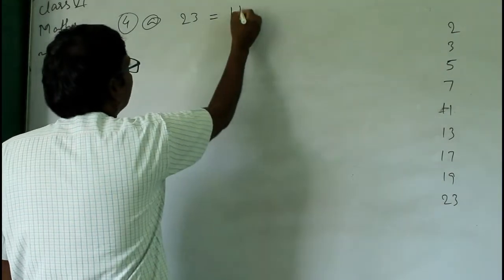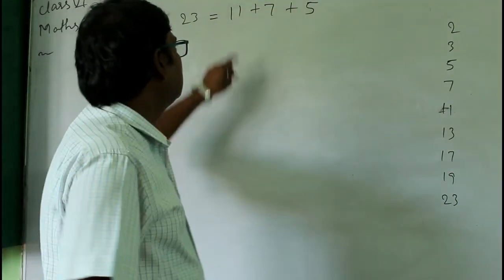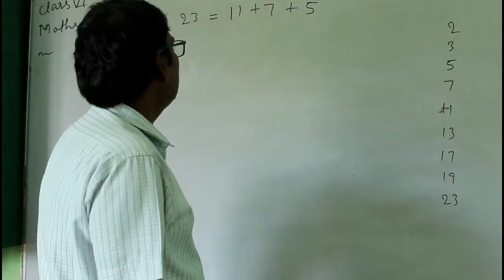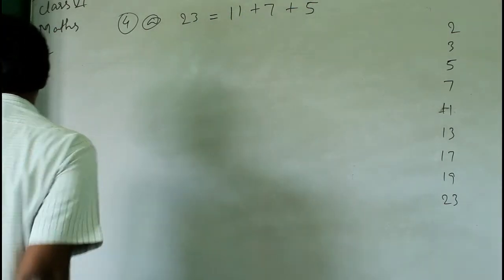Here you can write 11 plus 7 plus 5. 11 plus 7 is 18, and 18 plus 5 is 23. So this is the answer.